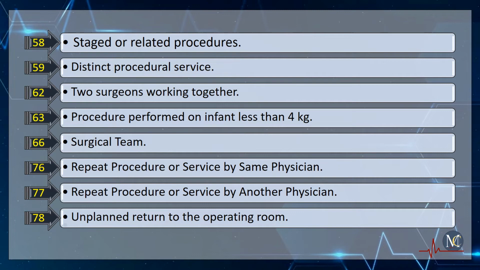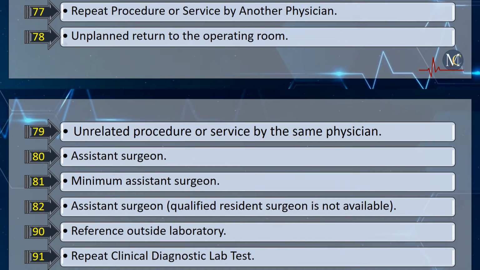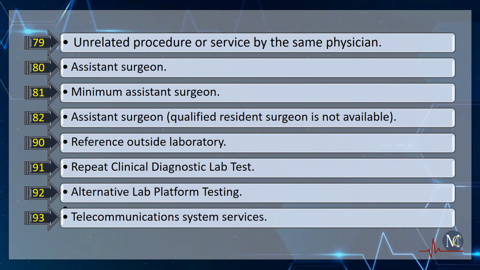CPT modifier 78 is a healthcare billing code used to indicate an unplanned return to the operating room for a related procedure during the postoperative period. CPT modifier 79 is used in healthcare billing to indicate an unrelated procedure or service performed by the same physician during the postoperative period.